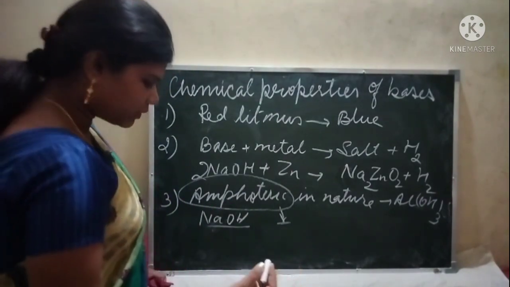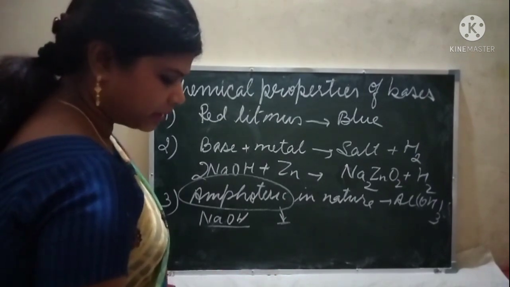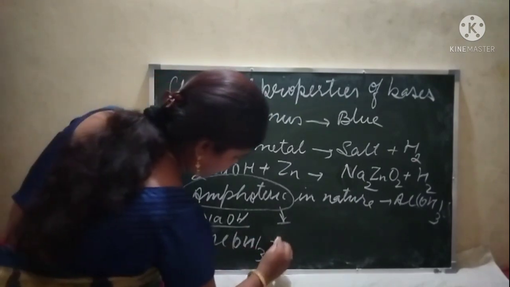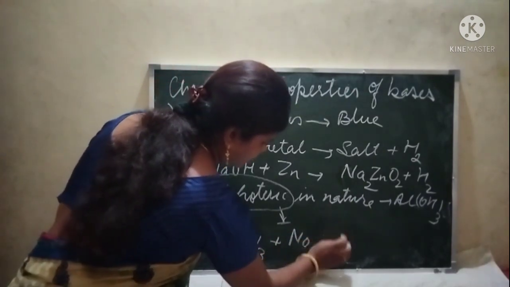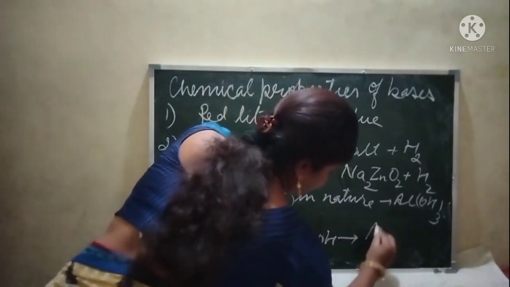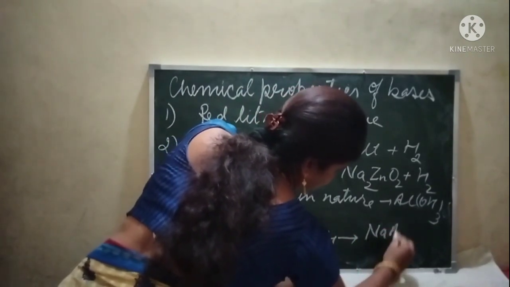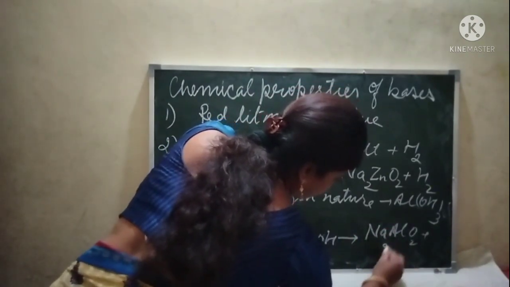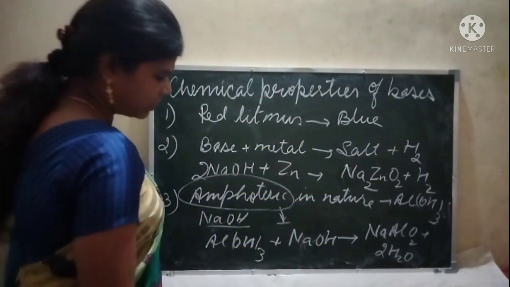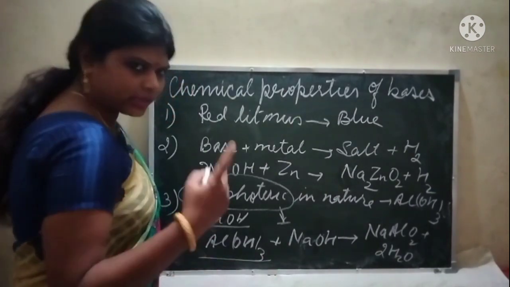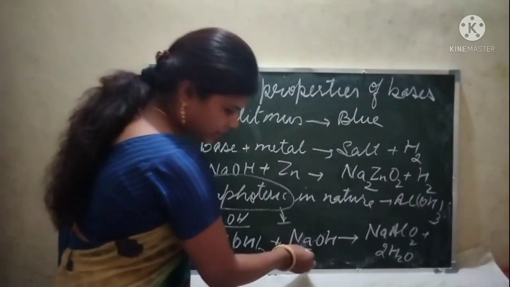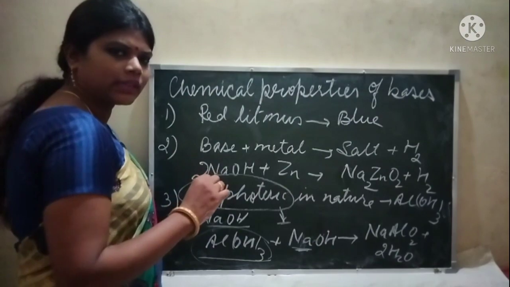Let's see the example of this. Aluminum hydroxide when reacting with sodium hydroxide gives sodium aluminate plus 2H2O. So aluminum hydroxide is a base because it is giving OH, but when it reacts with another base, it behaves like acid.